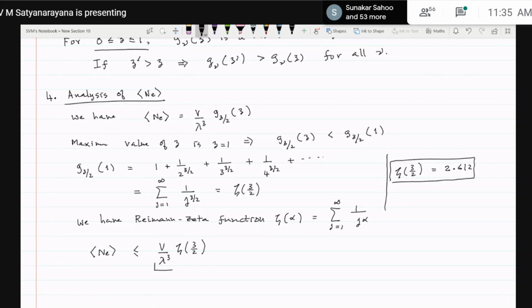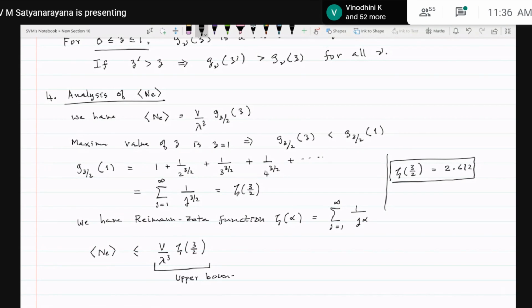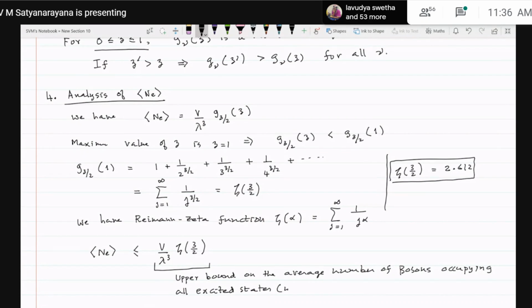Whatever is on the right hand side serves as an upper bound on the average number of bosons occupying all excited states, which are apparently infinitely many.